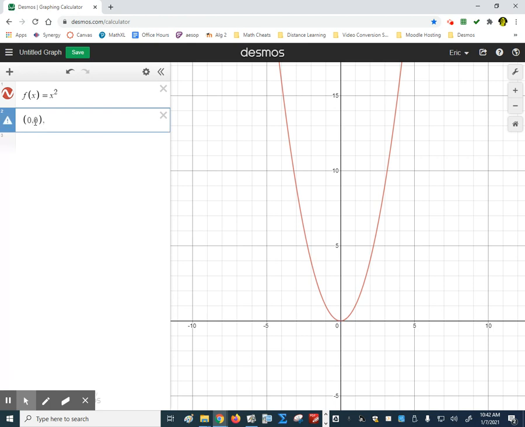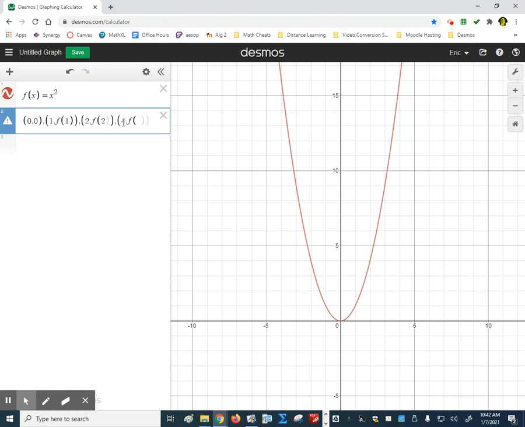If I go over to the right by 1, I go up by f of 1, which is 1 squared. If I go over by 2, I'm going up by f of 2, which is just 2 squared. I'm going up by 4. So you tell me, if I go over on the regular parent graph by 4, how far up am I going?